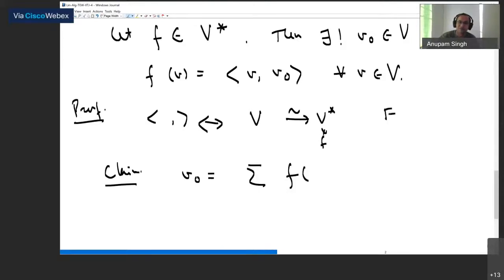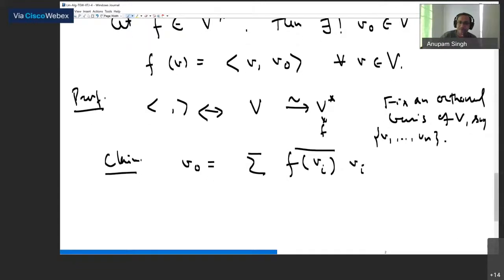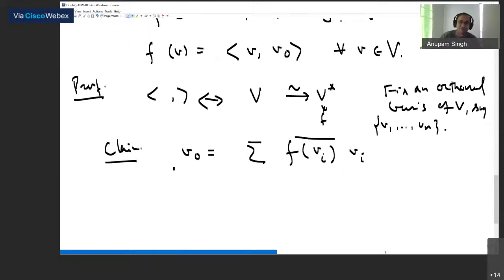So let's fix an orthonormal basis of V, and let's say it is v1, v2, up to vn. Then I evaluate f at these vi's and take its conjugate. So the coordinates are going to be f of vi bar. That is the vector v naught I take. And my claim is that this vector will satisfy the property.